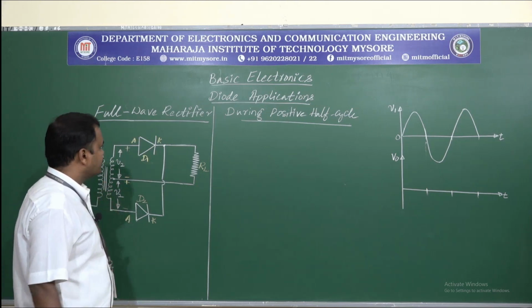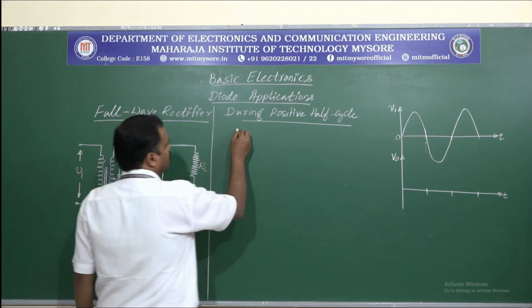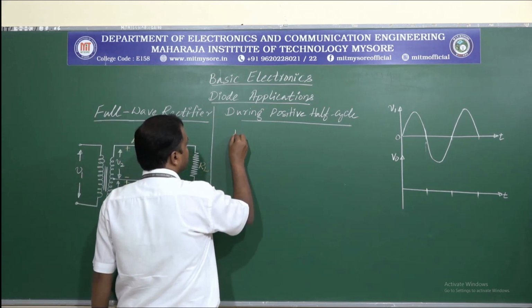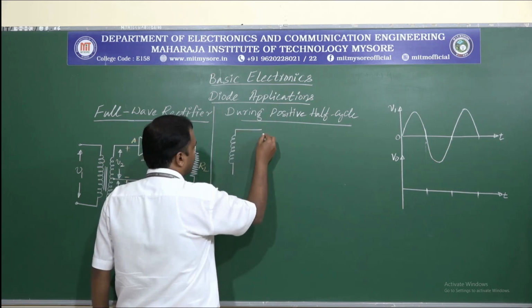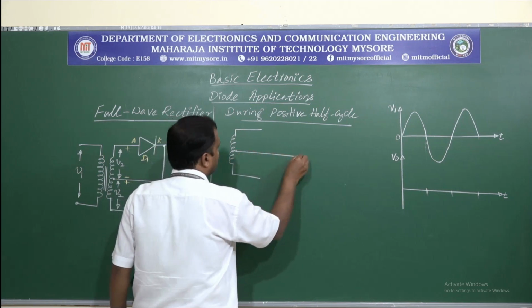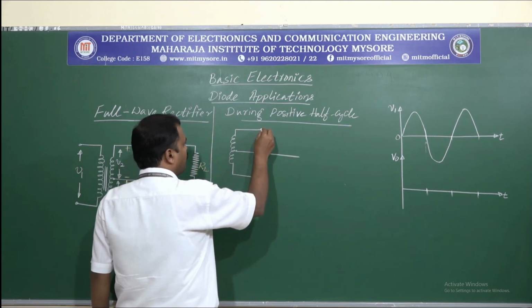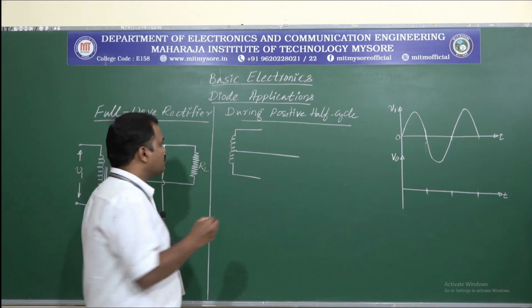So during the positive half cycle, let us put up the equivalent circuit diagram. So the circuit looks like this. Because diode D1 is forward biased, it will be working as a closed switch.